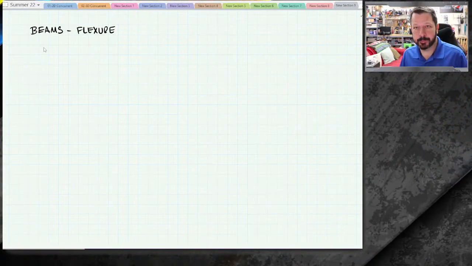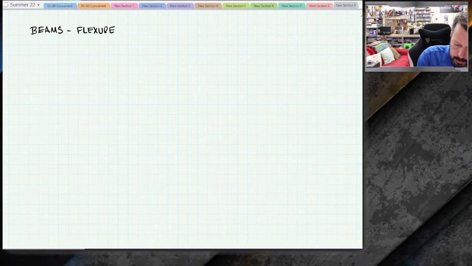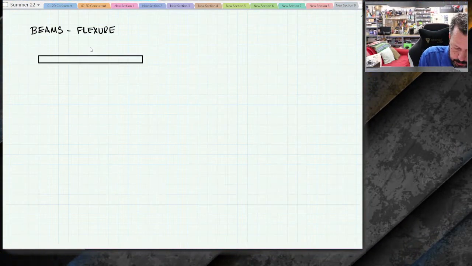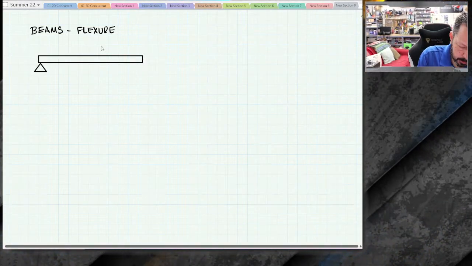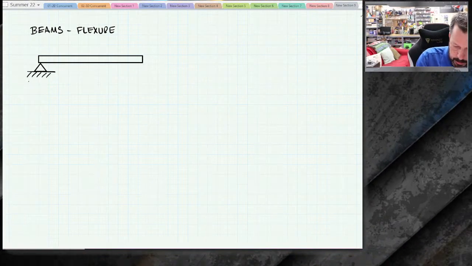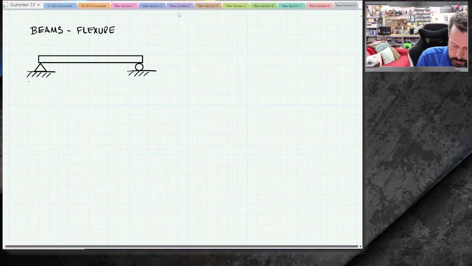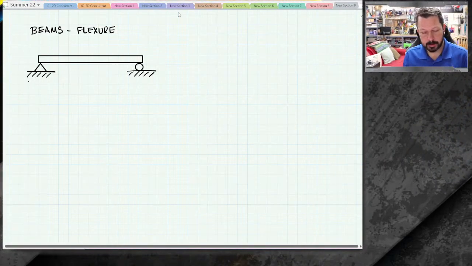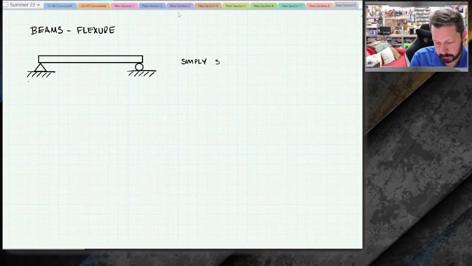And so I guess the simplest thing we could think of would be a beam, and it's got a pin at one end holding it up, and a roller at another end holding it up. This would be called a simply supported beam.